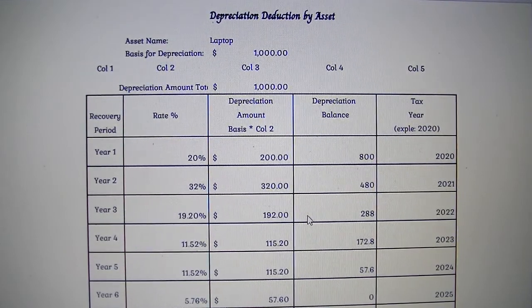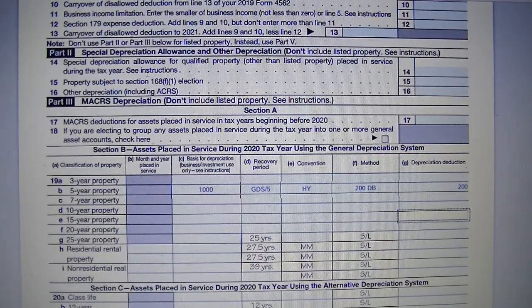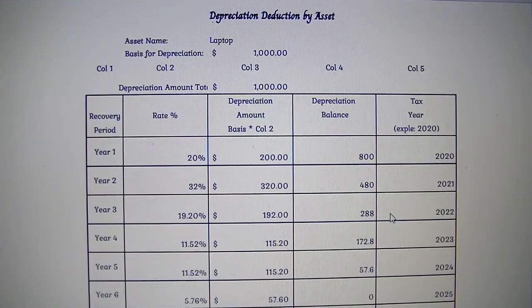But the year you place an asset in service, that year you will have to file form 4562. Let's say in 2022, you place an asset in service, therefore you will use form 4562.